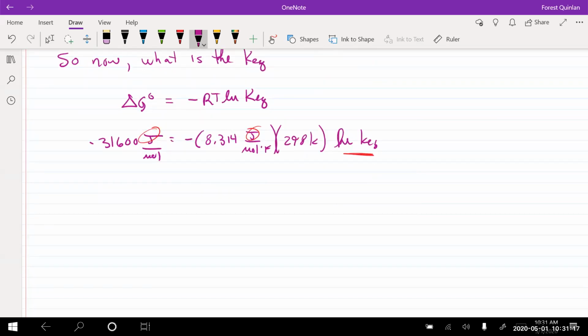So if I solve for the KEQ, it is equal to e to the negative 31600 joules per mole over the 8.314 joules per mole Kelvin and the 298 Kelvin.